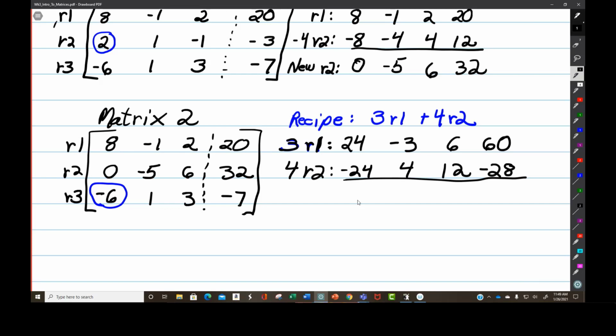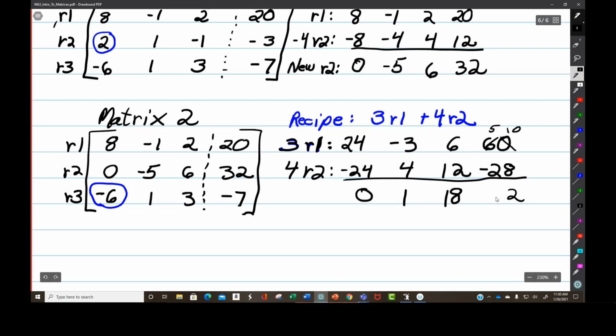24 minus 24 is 0. Negative 3 plus 4 is 1. 6 plus 12 is 18. And 60 minus 28, let's see, 10 minus 8 is 2.